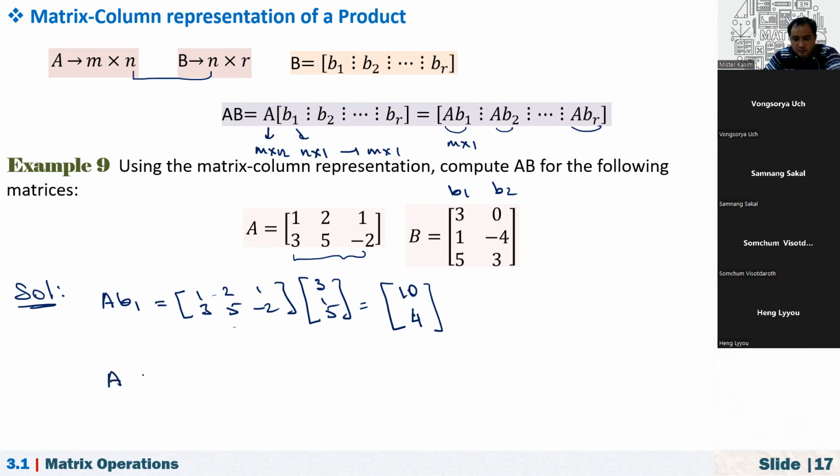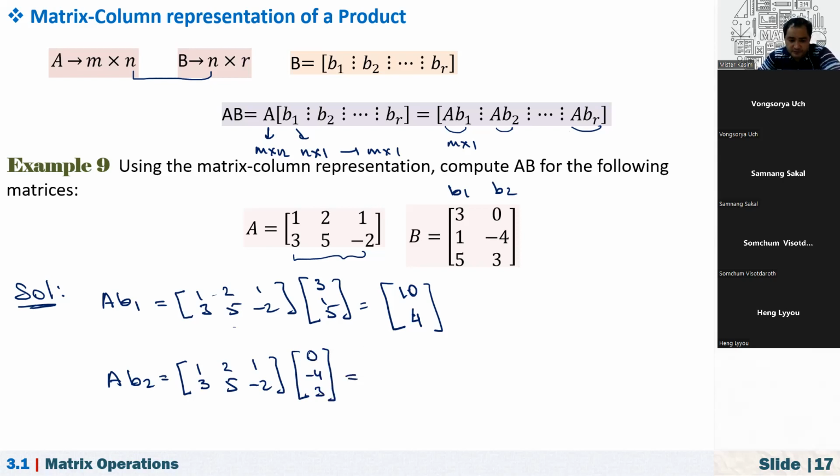And how about if you multiply A by B2, here we have 1, 3, 2, 5, 1, negative 2. And here we have 0, negative 4, and 3, right?